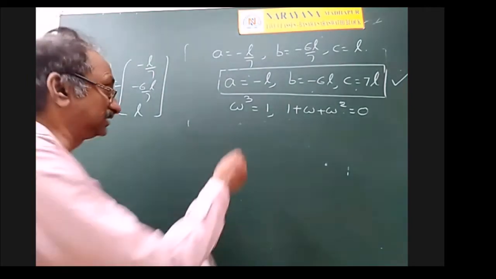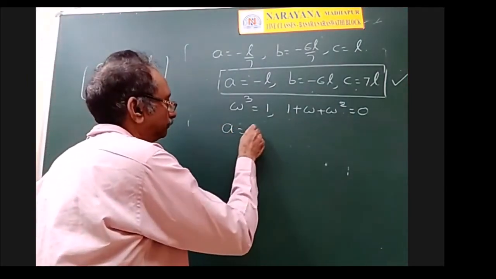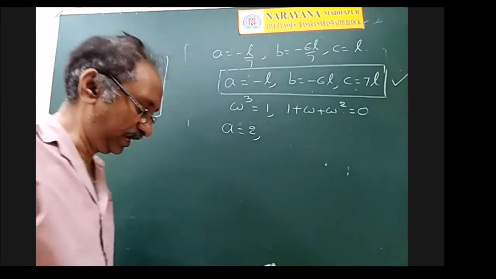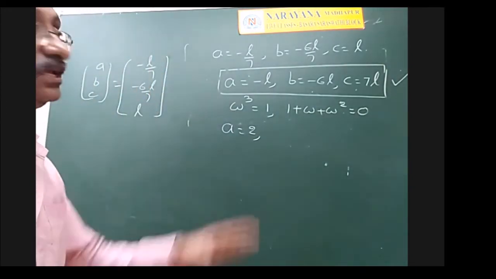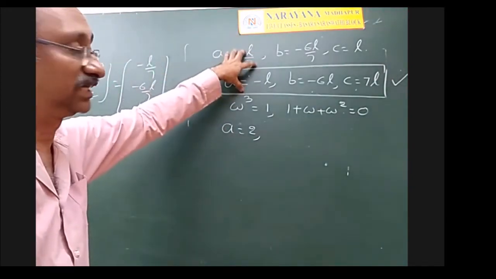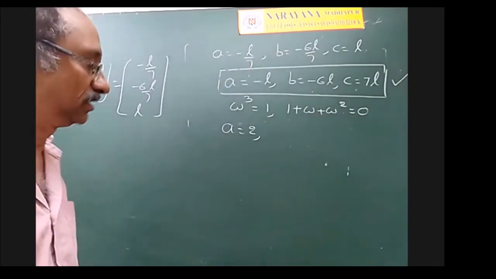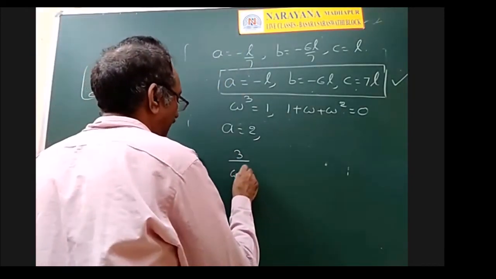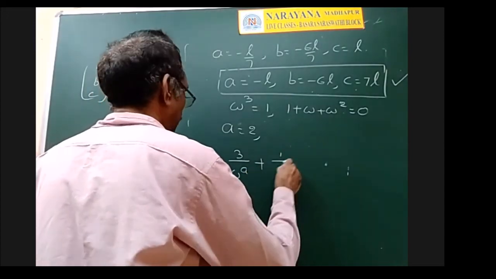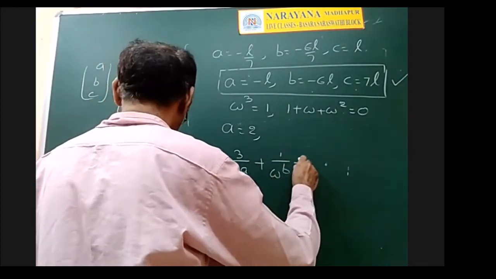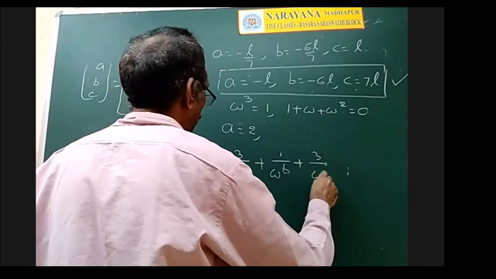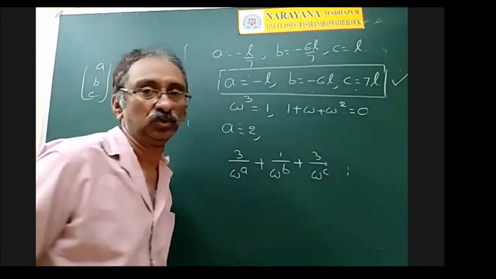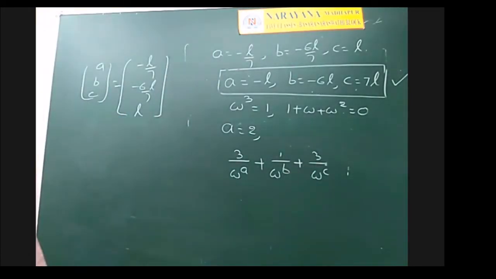If A is equal to 2, and B and C are satisfying capital E, capital E means this one. These are the solution set for capital E. Then what is the value of 3 by omega power A plus 1 by omega power B plus 3 by omega power C? So what is the value of this?